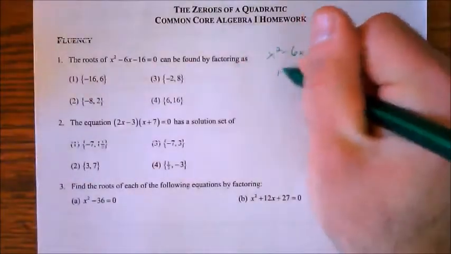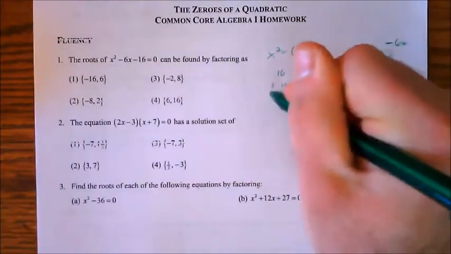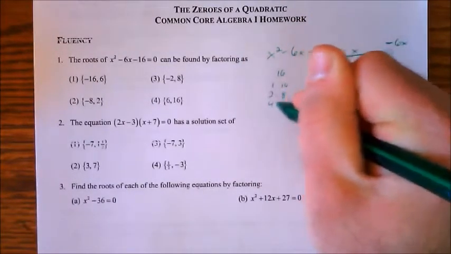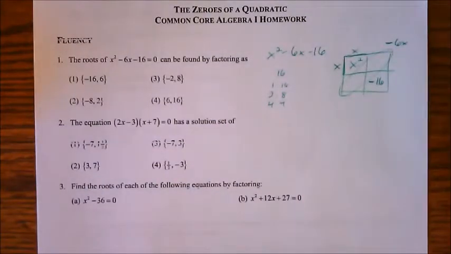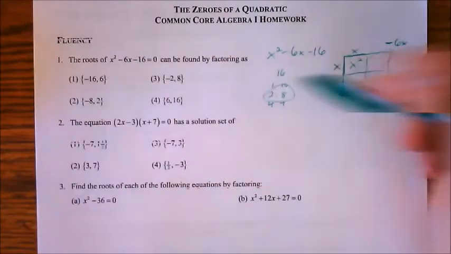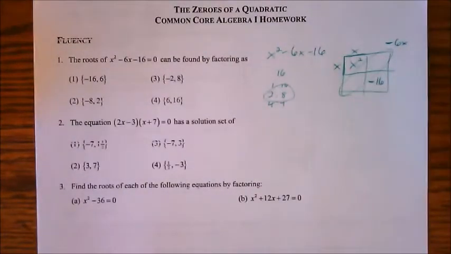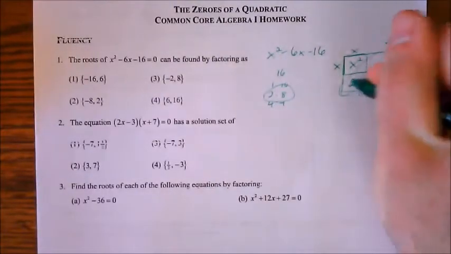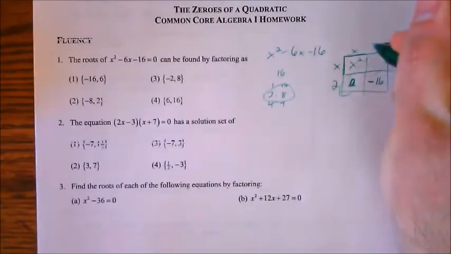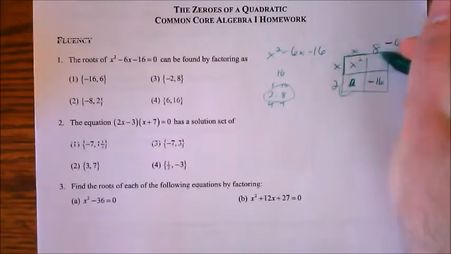For 16, we've got 1 times 16, 2 times 8, and 4 times 4. Now remember we can use positives and negatives. If we use 2 and 8, we could multiply to get 16 and then somehow combine to make a 6. So one's going to be a 2, one's going to be an 8.